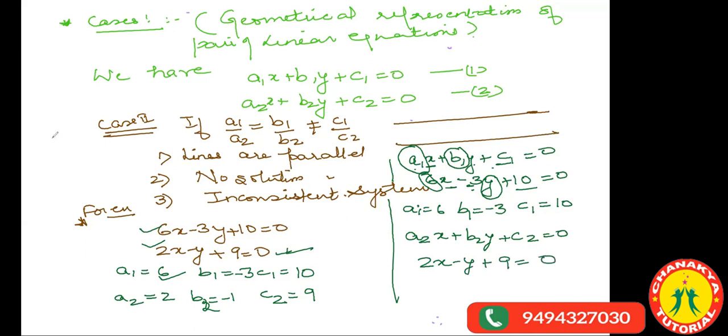Compare again: the coefficient of x is A2 and here it is 2, so the value of A2 will be 2. The coefficient of y is B2 and here it is -1, and plus C2 and plus 9, so the value of C2 will be 9.